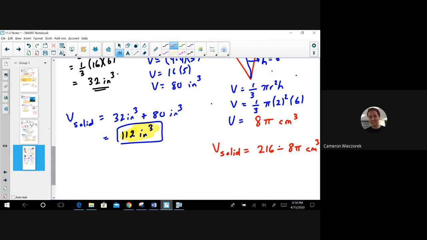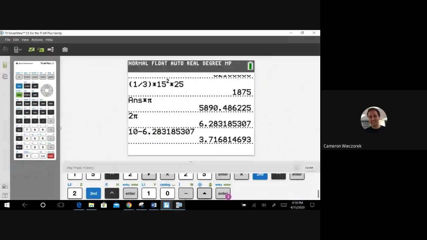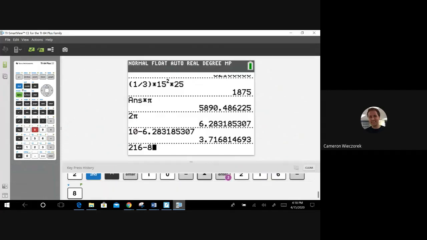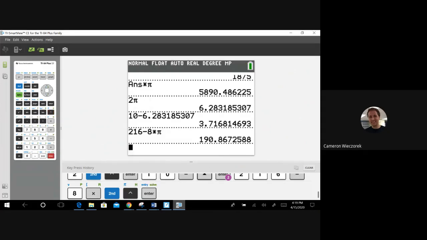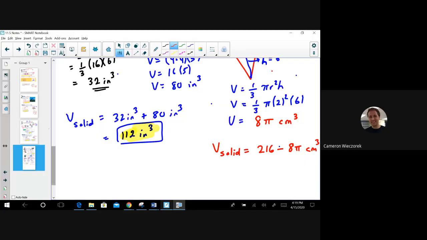Directions asked us to round to the nearest hundredth, so I'm not going to leave it in terms of pi. I'm going to type it into my calculator. 216 minus 8 times pi. So about 190.87. And then this would be cubic centimeters.